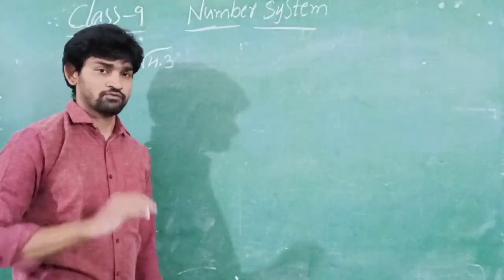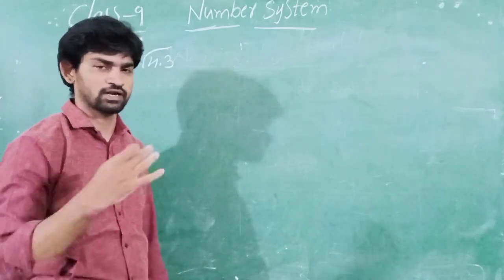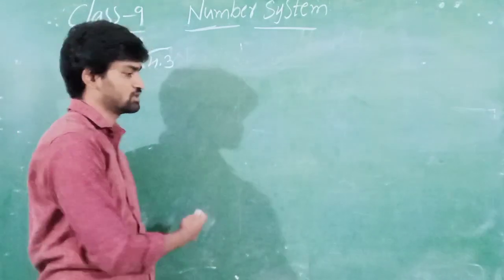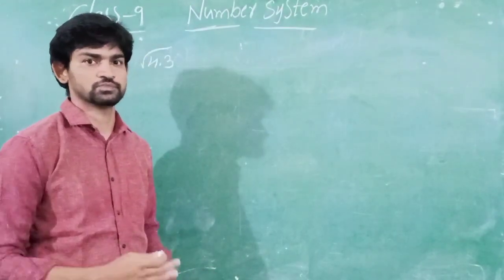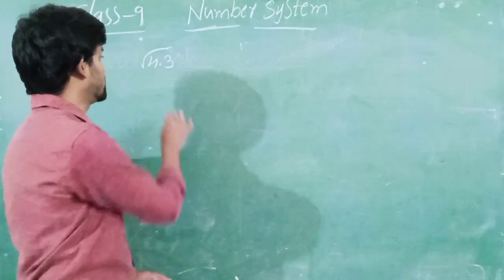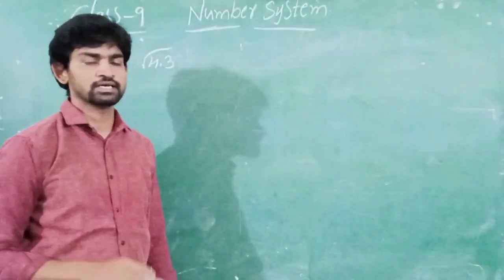Now, whatever step I do, you do along with me, then you will understand clearly. I will be dictating and solving at the same time. So, do along with me, right? Now, what is this number? What is inside the root is 4.3.